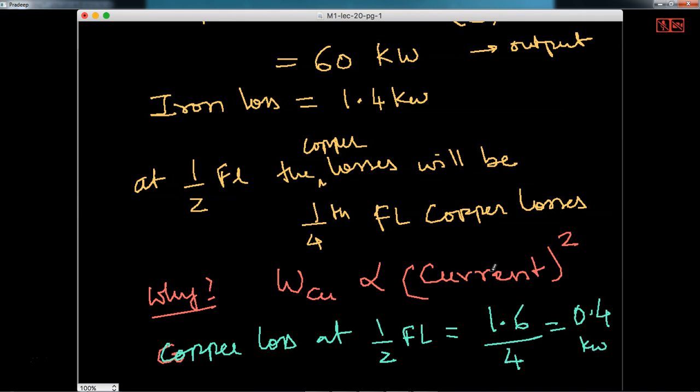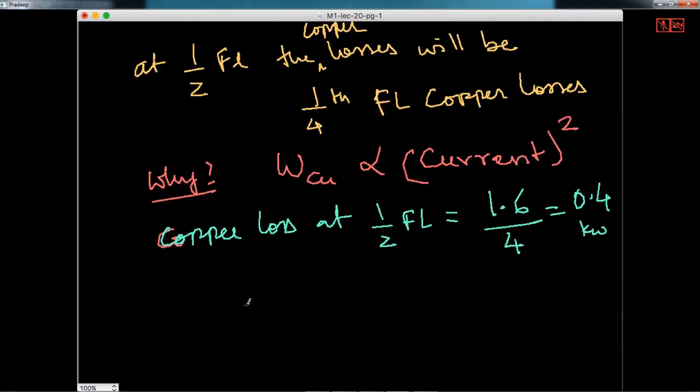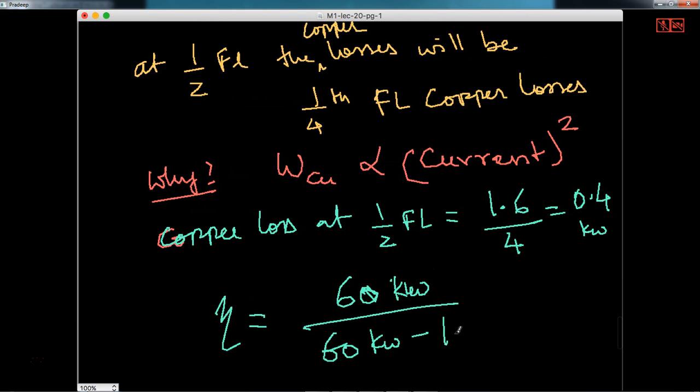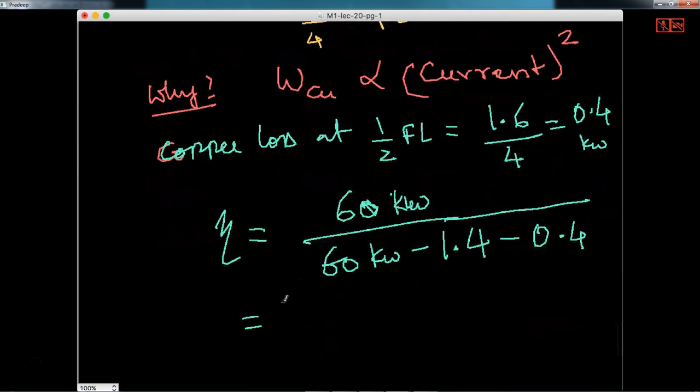Therefore, efficiency will be nothing but output, 60 kilowatt, divided by 60 kilowatt minus 1.4 kilowatts minus 0.4 kilowatts.